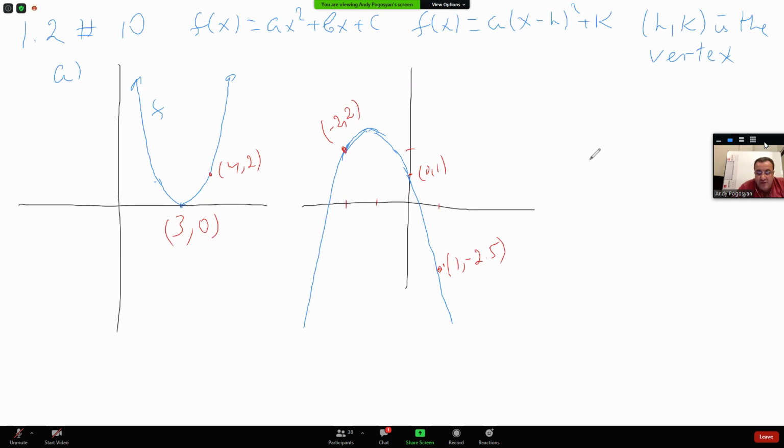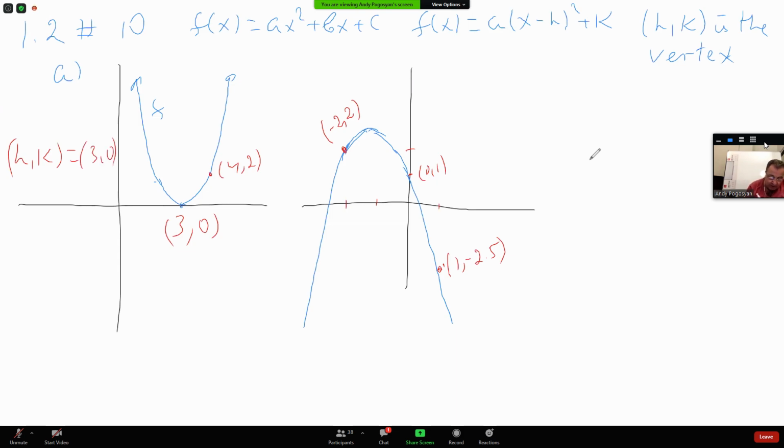But f of x equals a times x minus h squared plus k, and h, k is corresponding to the vertex. So for the first graph, it's convenient to use that one because h, k we have already.